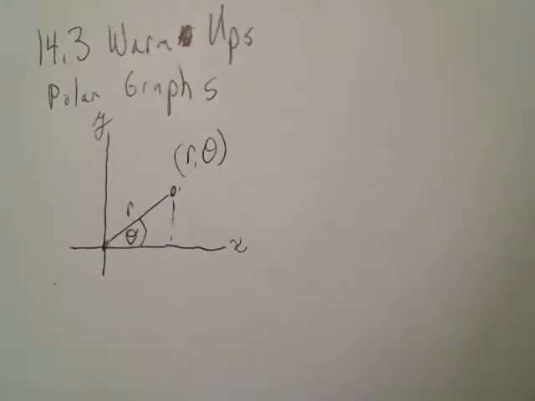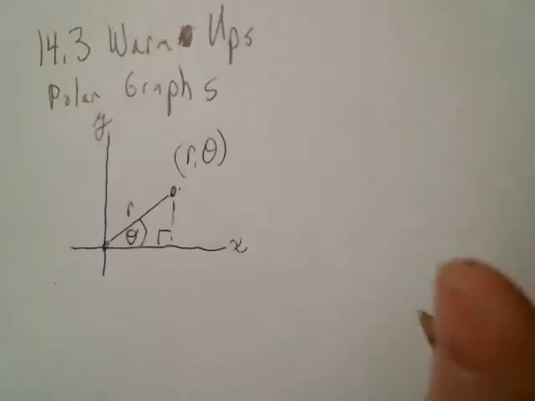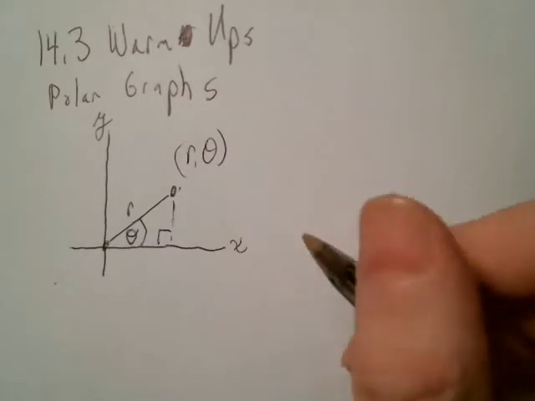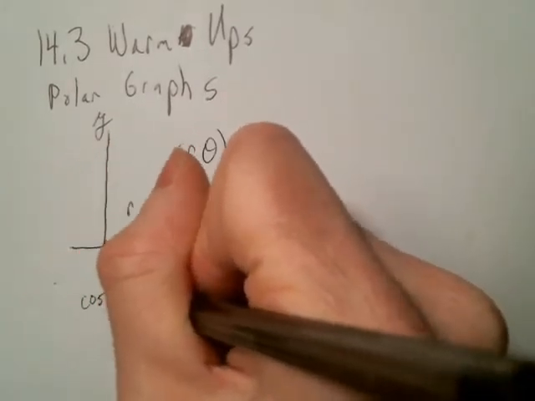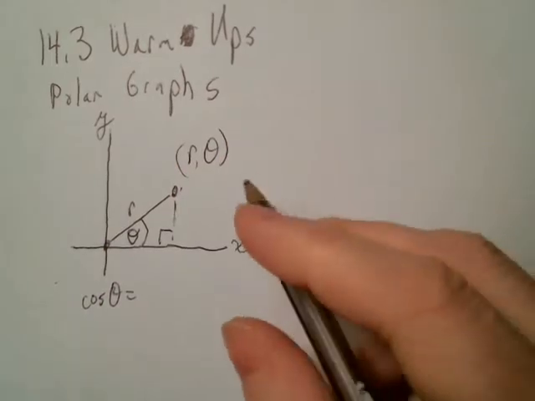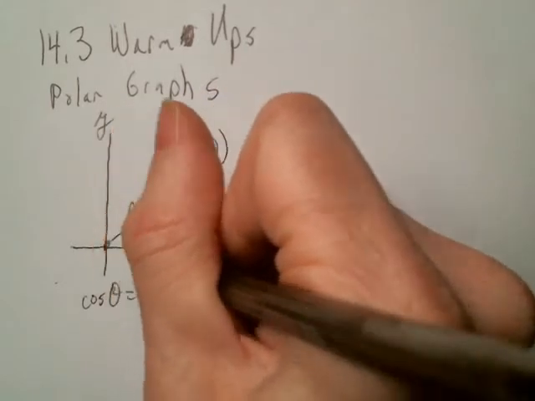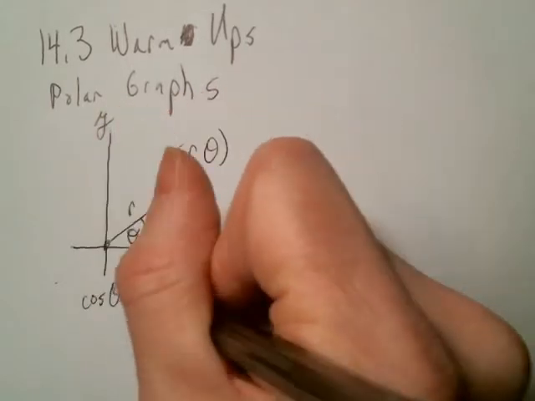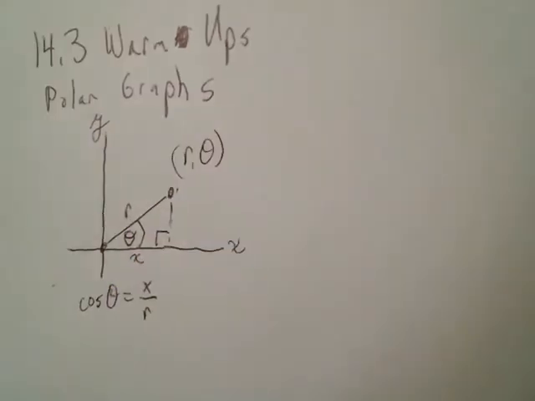All right, so we want to be able to go back and forth between that system and the XY system. And we can accomplish this using trigonometry. So recall that the cosine of theta as the ratio of sides of a right triangle will be adjacent over hypotenuse. So we could say this adjacent side is some length x. So I'll have x all over the hypotenuse, r.